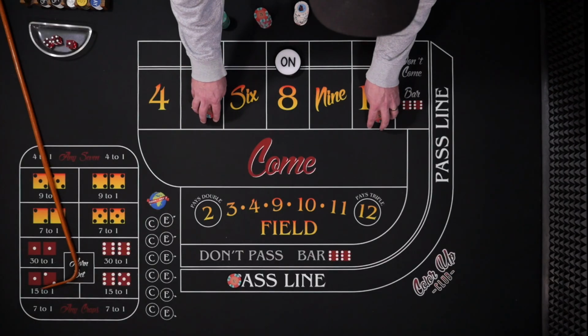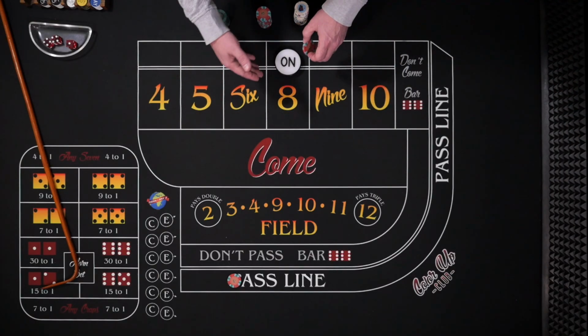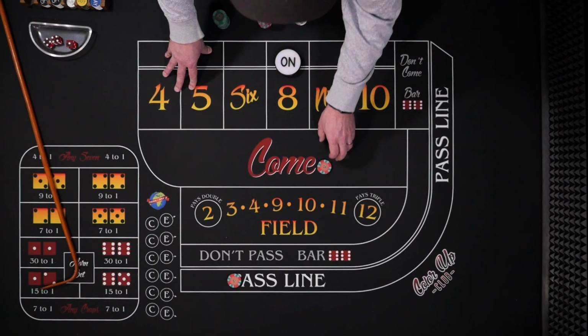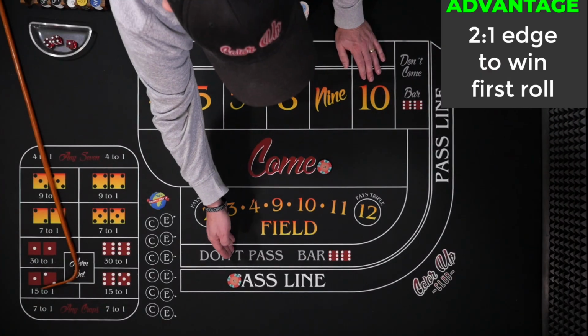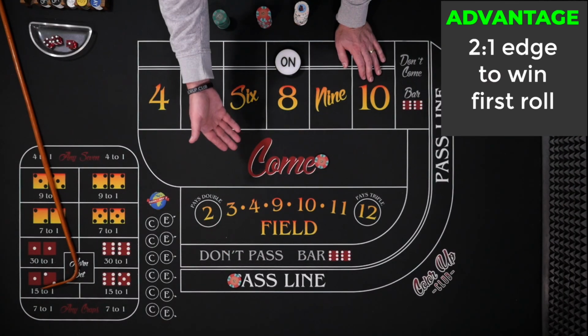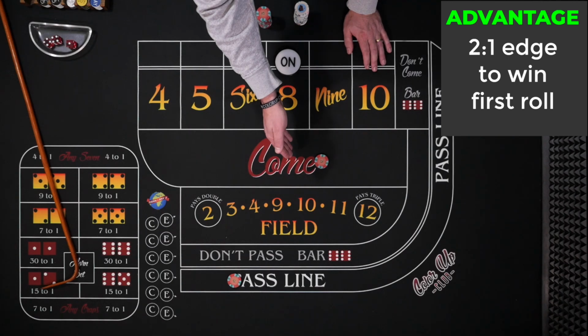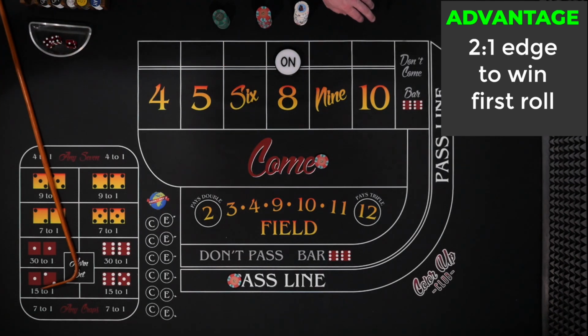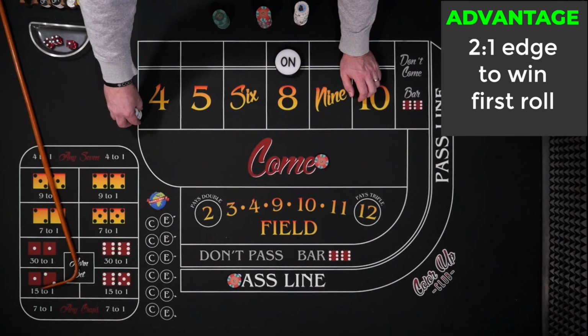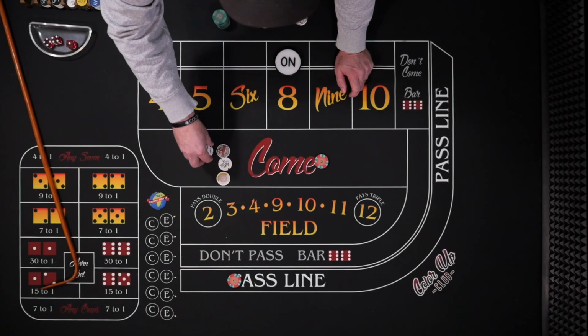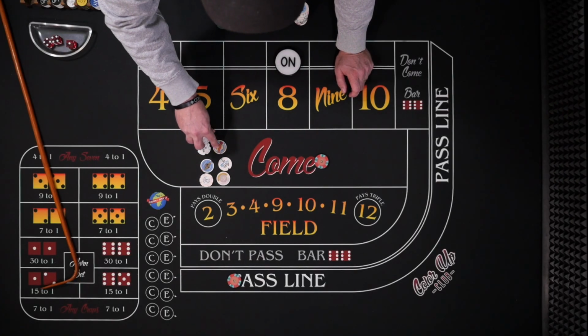Now let me cover some of the advantages and disadvantages that people argue about when it comes to the come bet. Now like the pass line bet, the come bet for the initial first roll or come out roll, there is a huge advantage on this bet. Let's look at it this way. With the 7, it wins on the 7, there are 6 ways to roll the 7.